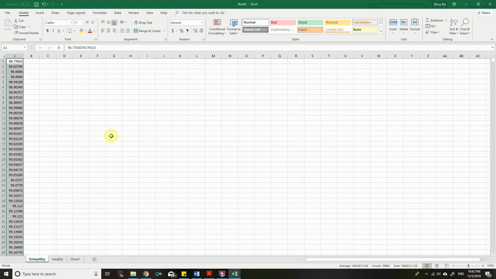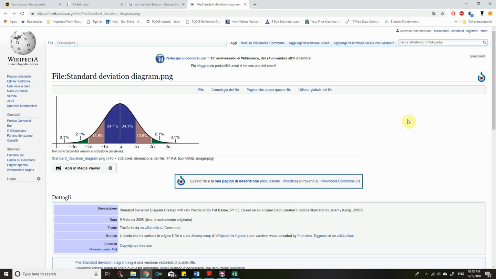Now here I would like to mention that in Gaussian normal distribution, let's go to this Wikipedia page and see the normal distribution, the Gaussian distribution's bell diagram. We have discussed this before.